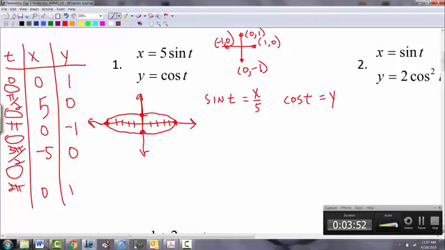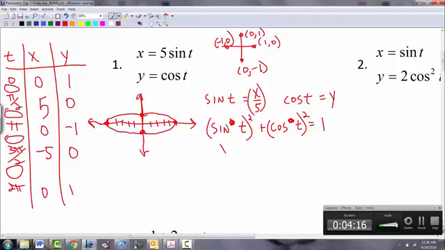Sine squared t plus cosine squared t equals 1. Remember what sine squared t means: sine of t, then square it. Cosine squared t means cosine t, then square it.